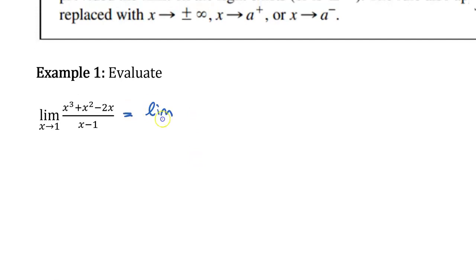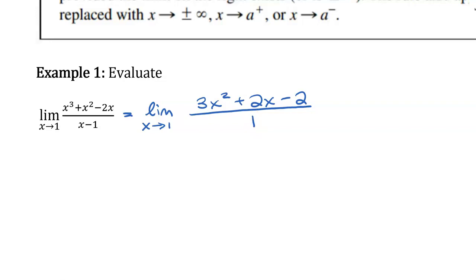we'll want the limit as x approaches 1 of the derivative of our top, which would be 3x squared plus 2x minus 2, over the derivative of our bottom, which is just 1, and then apply the limit.